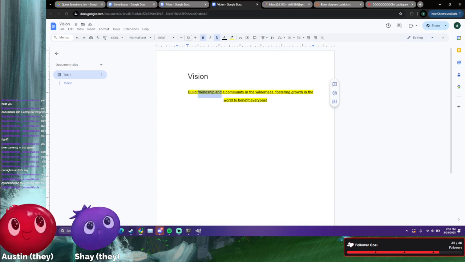Maybe we try something like: build a community of friends in the wilderness. Because then it's focusing on building a community, and that community consists of friends, rather than building friendships and community, tying these two concepts into one concept.